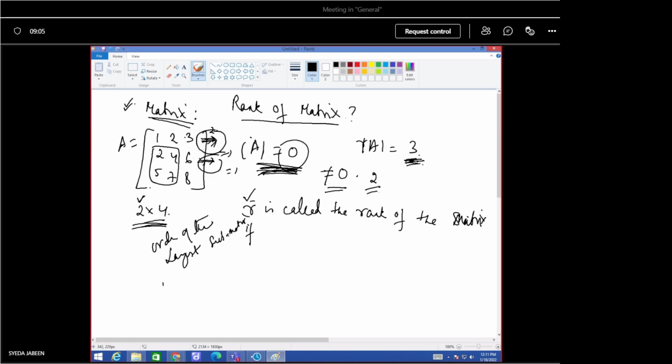Can you follow? Now, if we take the submatrix over here, this is not linearly dependent. Neither row-wise nor column-wise it is dependent. So that is why you are getting the rank as 2. So this is another alternative way.